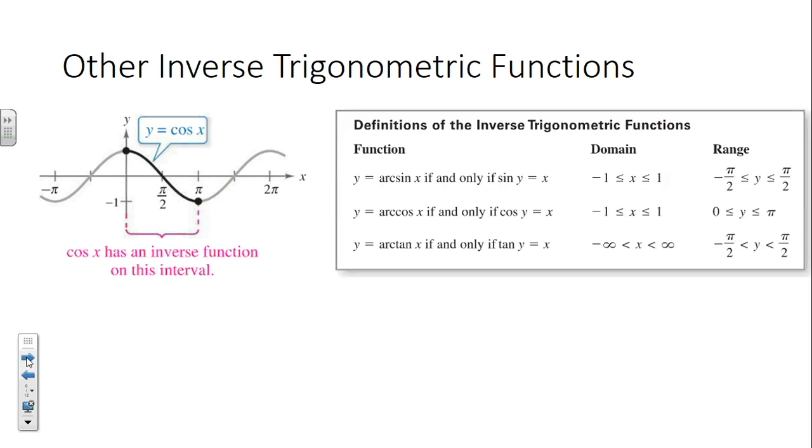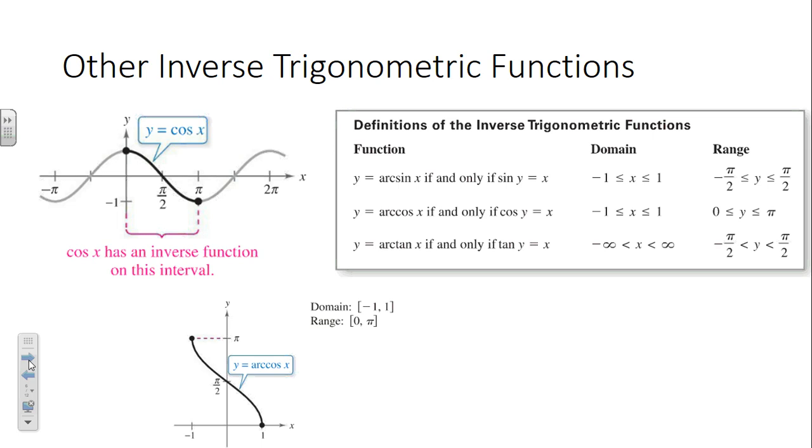And the tangent, because the tangent looks like this. I think I have a picture of it. Okay, well, here's the arccosine graphed. When x is negative 1, we're at pi. When x is positive 1, we're at 0.